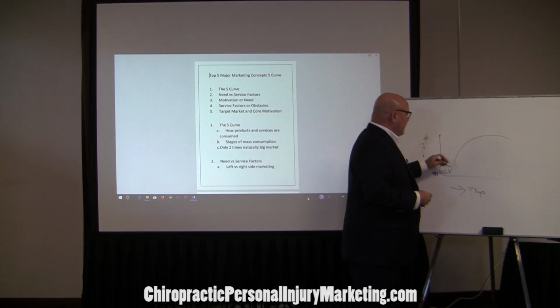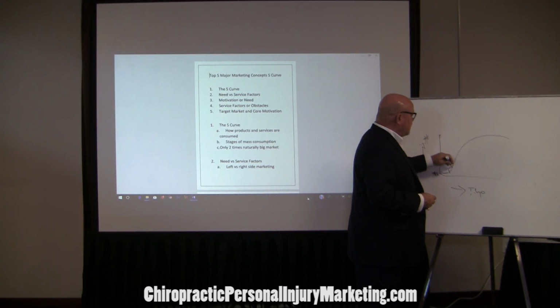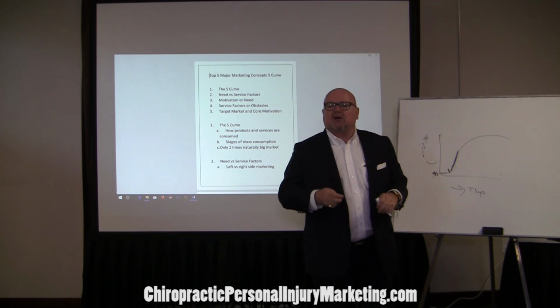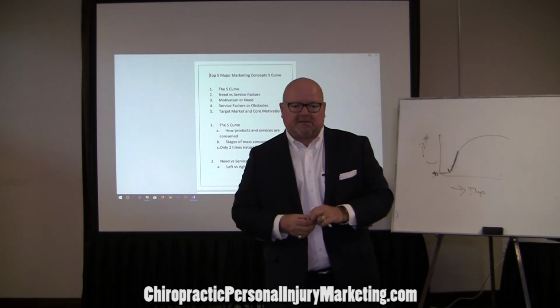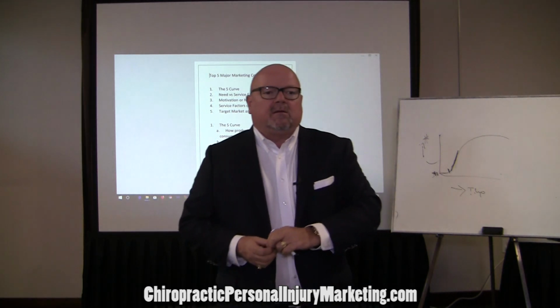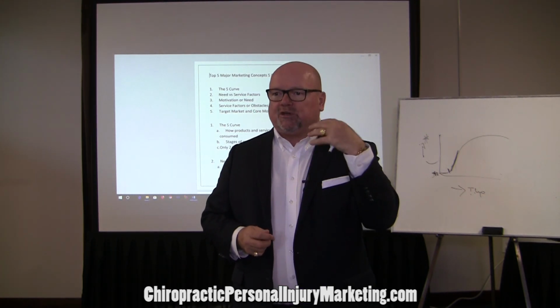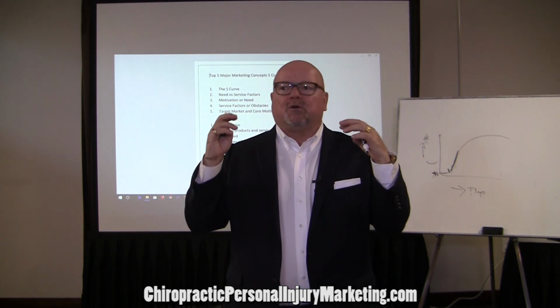So the demand for the product skyrockets, goes up right here. Right here, by the way, that's called Morgan's Law. You may have known it as the 10% rule. To get a product past 10%, that's what happens when you go into Morgan's Law. That's when it gains momentum real fast.